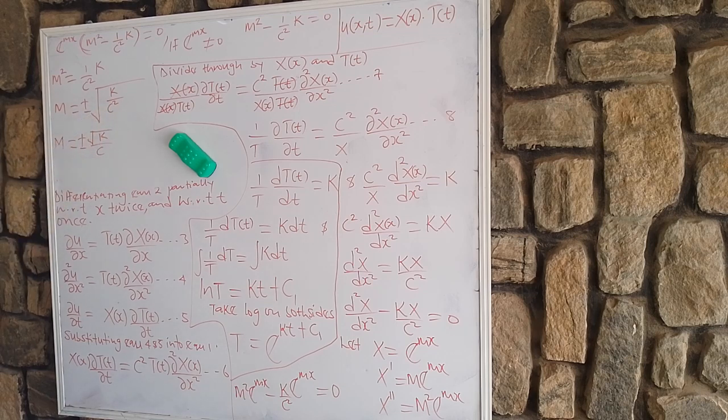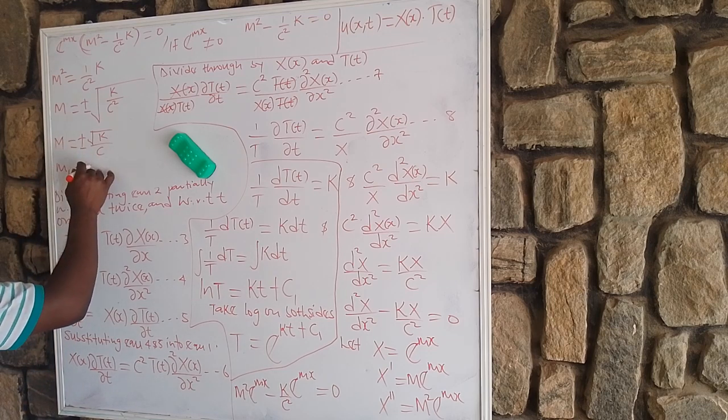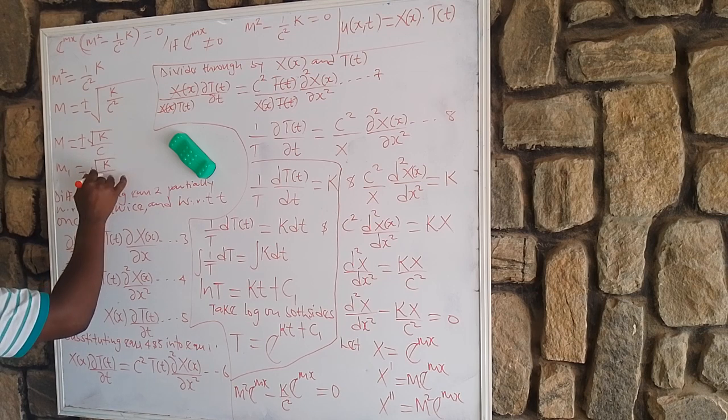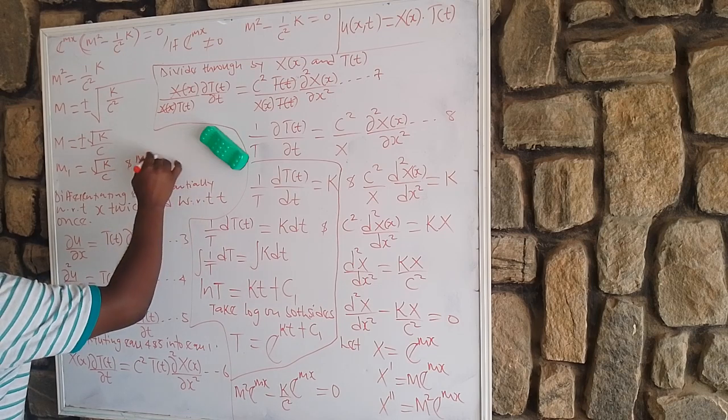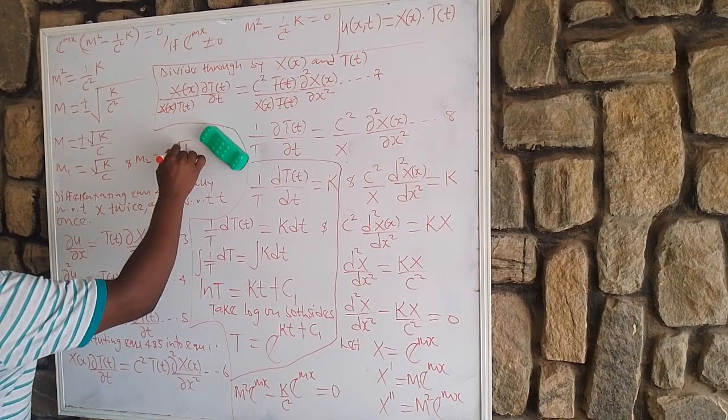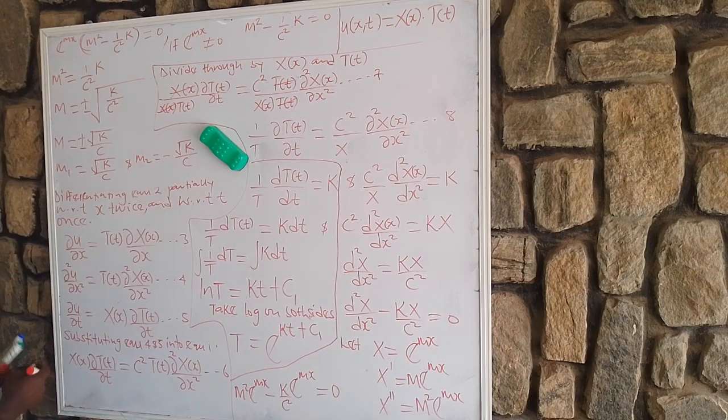True or false? So our m1 will now be equal to plus square root of k all over c, and m2 will now be equal to minus square root of k all over c. Okay? So far so good.